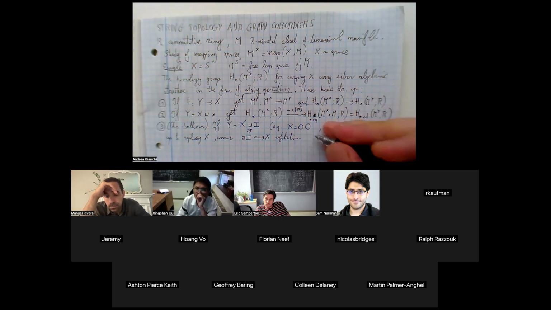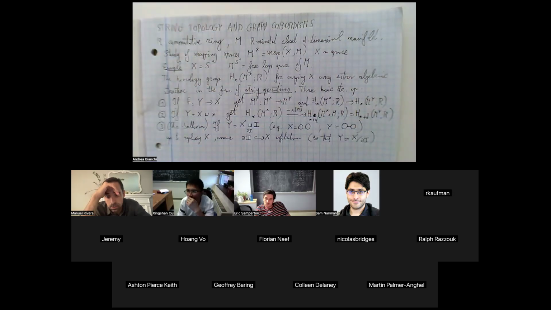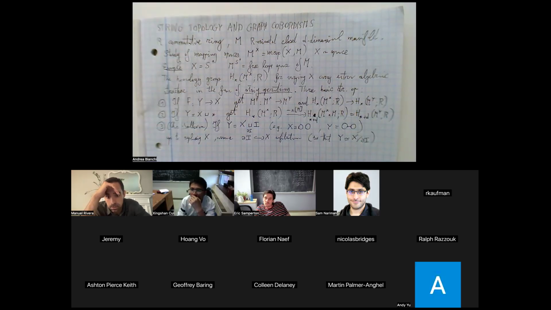Okay, so that we can safely think of Y as just being X modulo these 2 points. There is a homotopy equivalence. Then here's how the construction works.